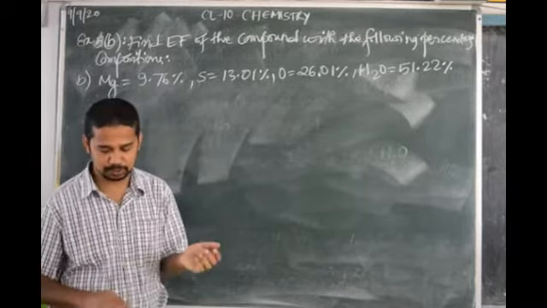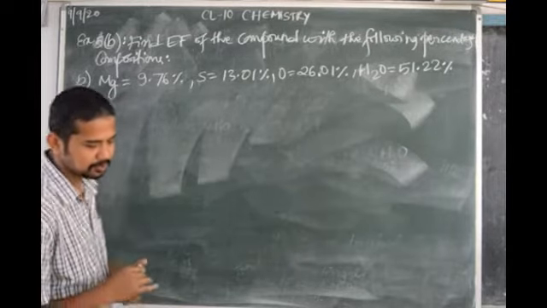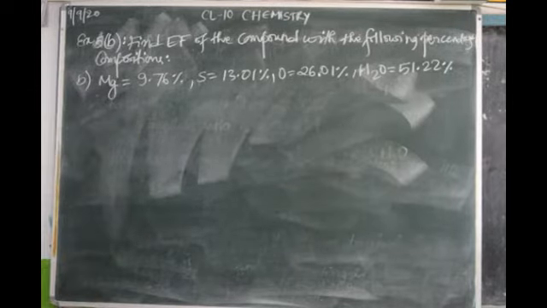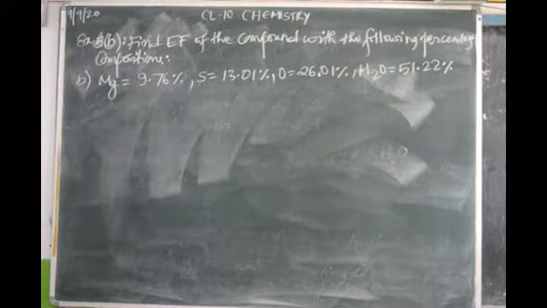Now step number 2. So what is step number 2? Step number 2 is you have to find ratio of number of atoms. And step number 3, ratio of number of water molecules. So that you will be doing.